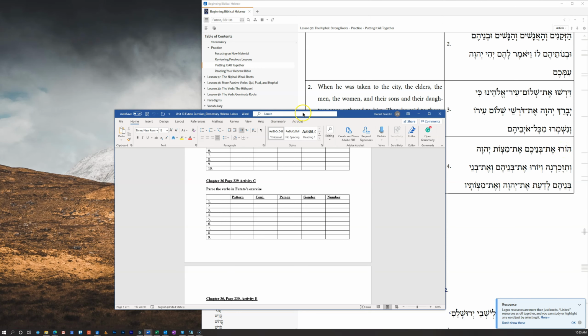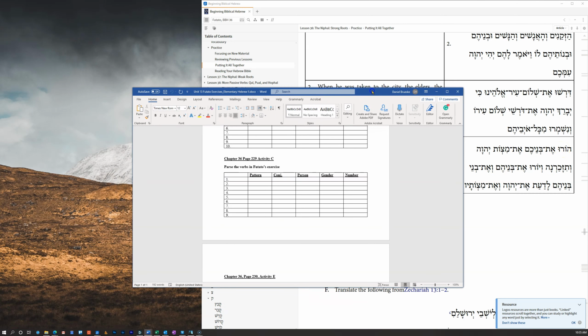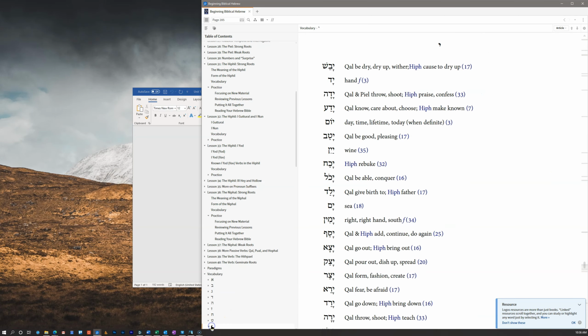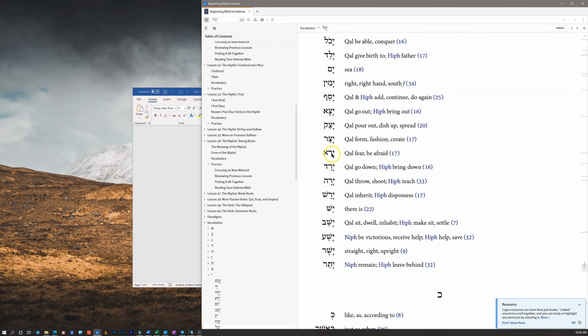Now I forgot again. I think from last week we learned yara was praise, or shoot, or like throw. So let's look that up again. Let's see which one we're dealing with here. Yod, resh, hey. Throw, shoot, or teach.